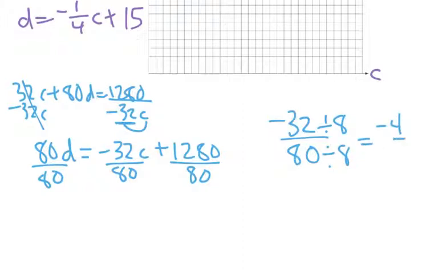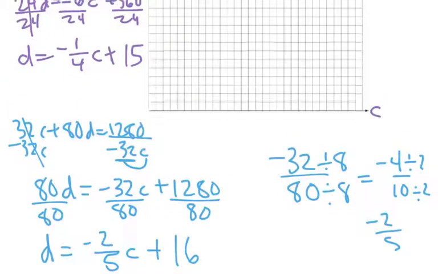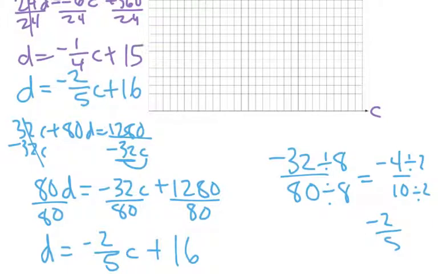And I get negative 4 over 10, which I can divide by 2's. So we get negative 2 over 5. So D equals negative 2 over 5C plus, now 1280 divided by 80. Let me use a fancy calculator to double check that. That's 16. Okay? So we get our second equation, D equals negative 2/5 C plus 16.